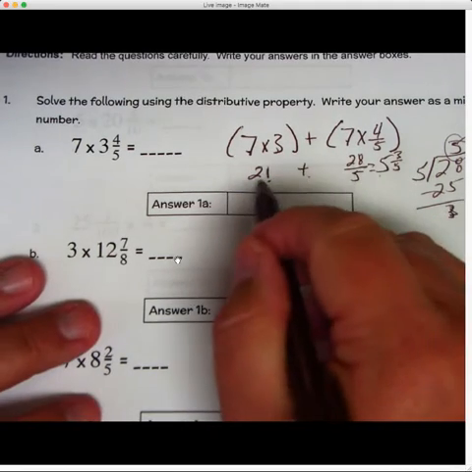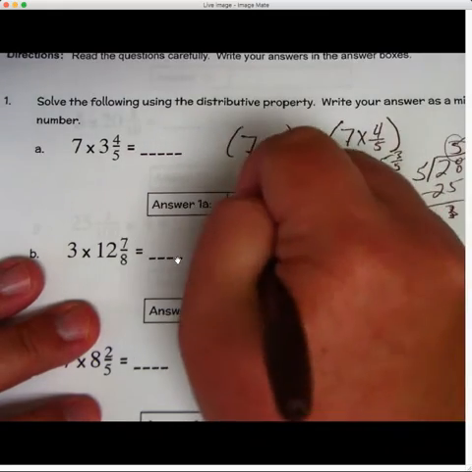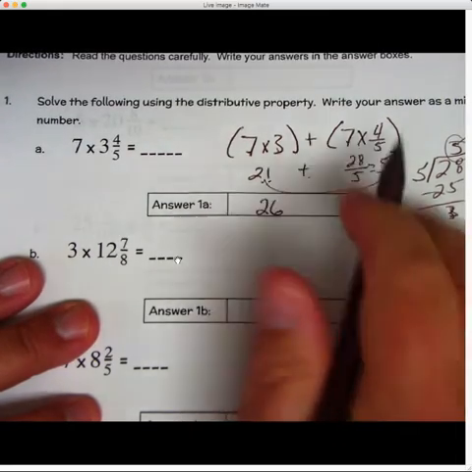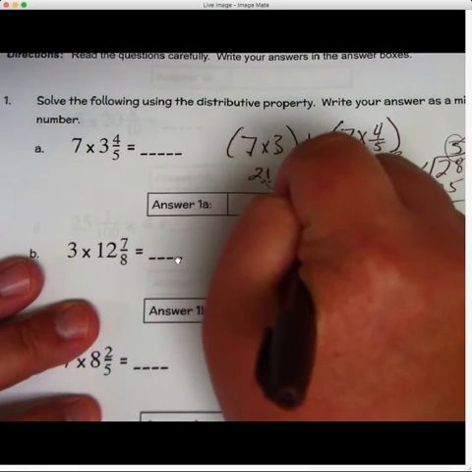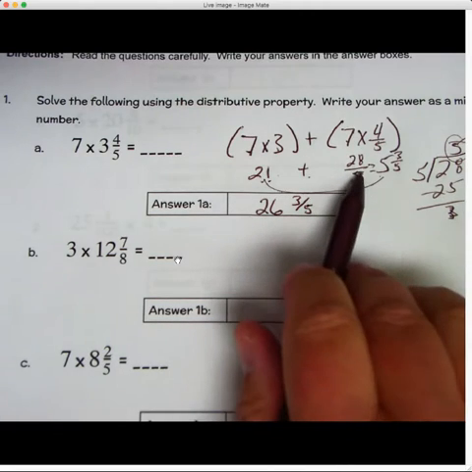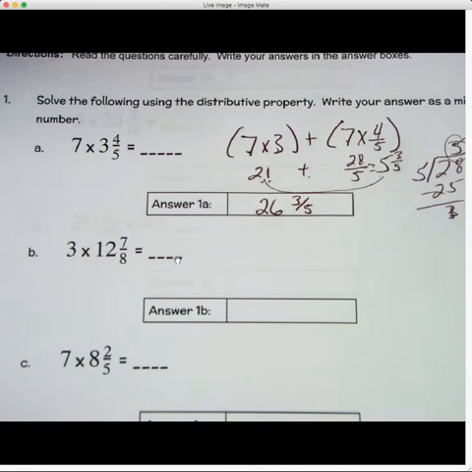Let's add the whole numbers. 21 plus 5 is 26. I don't have a fraction to add to the 3/5, so it's just 26 and 3/5 for our answer. Did you get that? It's not too bad. Just got to do a little bit of work to break down the improper fraction after you multiply.